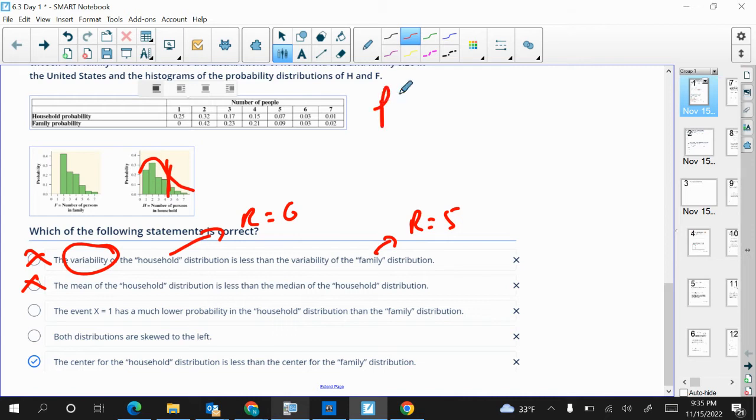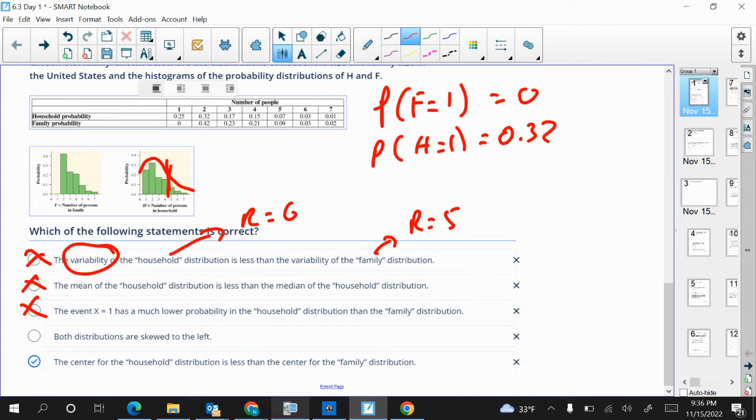So let's do probability that family equals 1. So family 1 is 0, versus probability that household equals 1 is 0.32. That's just not true. Both distributions are skewed to the left.